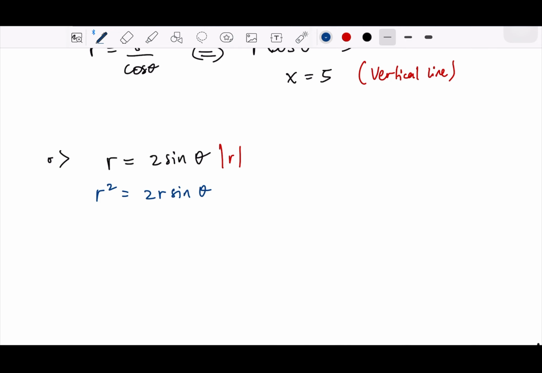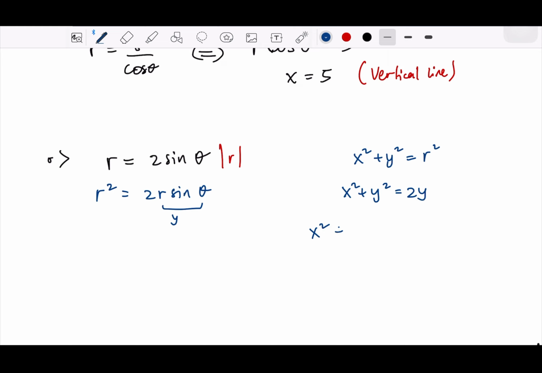So our r squared is this, and we know that x squared plus y squared is r squared, right? Now this will be y, right? 2y, so x squared plus y squared is 2y.